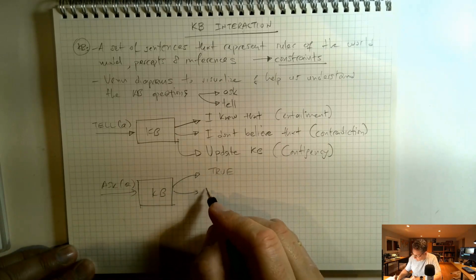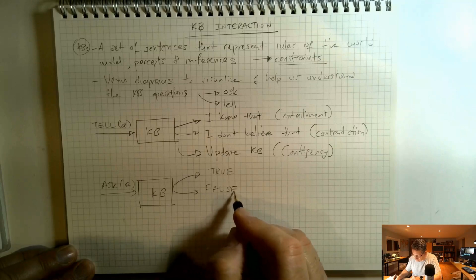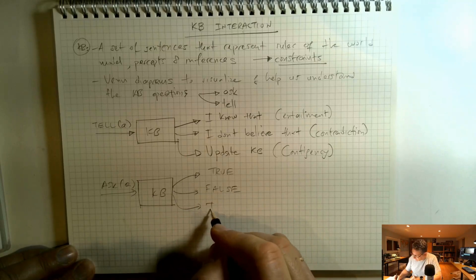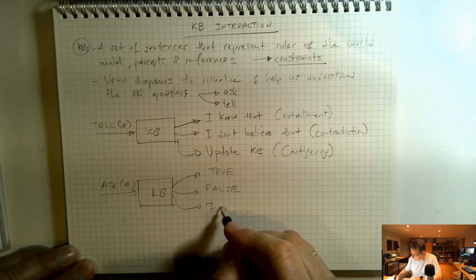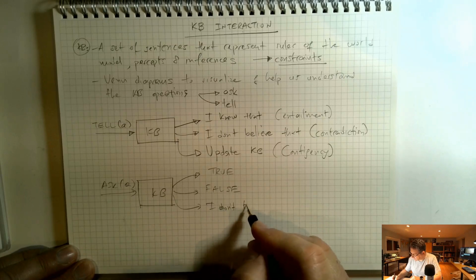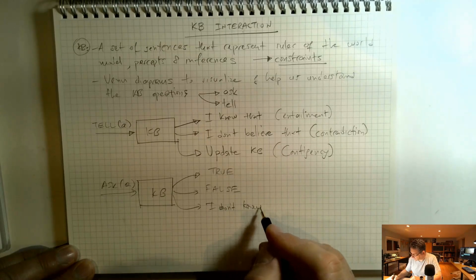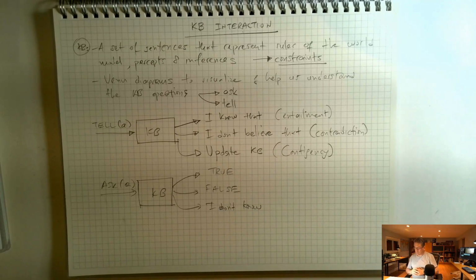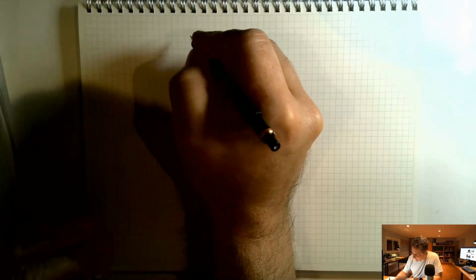The sentence is false. And the third one is, I do not know. This is a summary of these operations. We will start introducing them now to understand all these possibilities of responses we get out of the knowledge base. Let's start with the tell operation and responses.